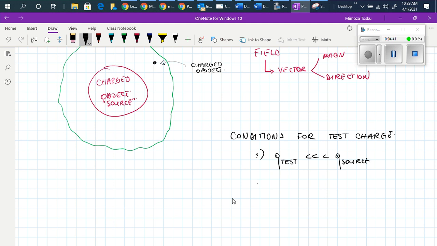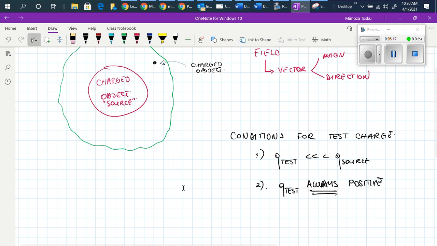And another thing, in order to keep control of the test object, the test object is always positive. So in this case, we see the interaction of the source that can be positive and negative, and the test charge that is way smaller than the source in magnitude, and it is always positive.